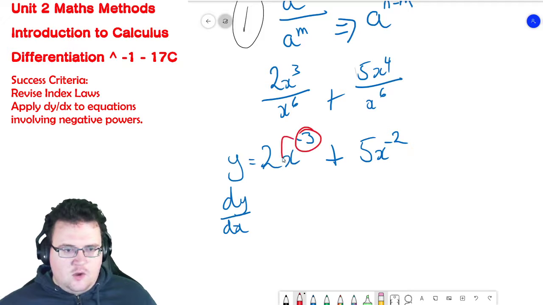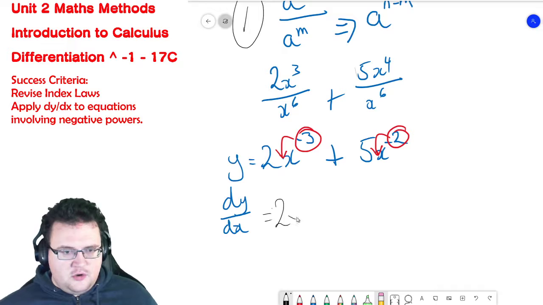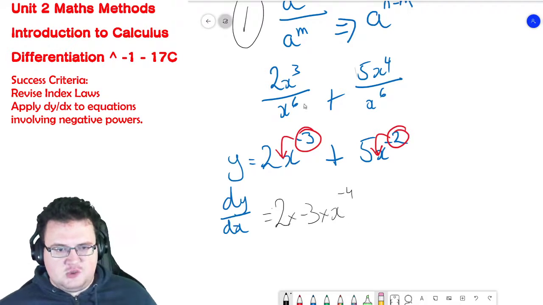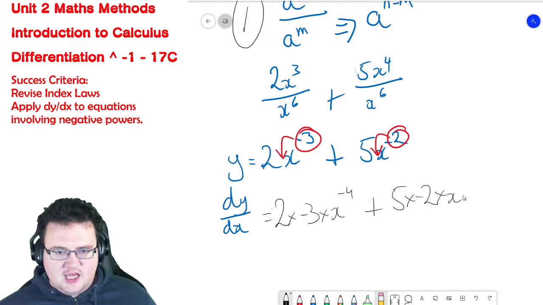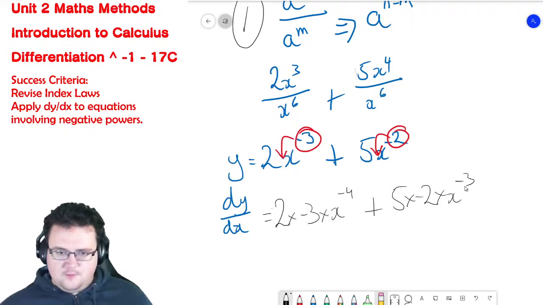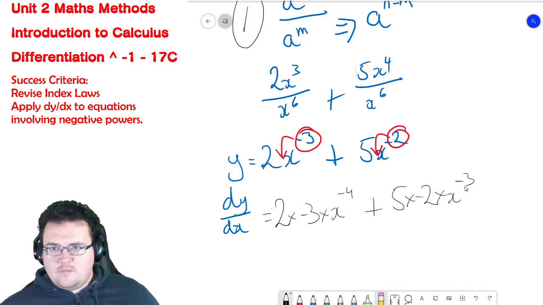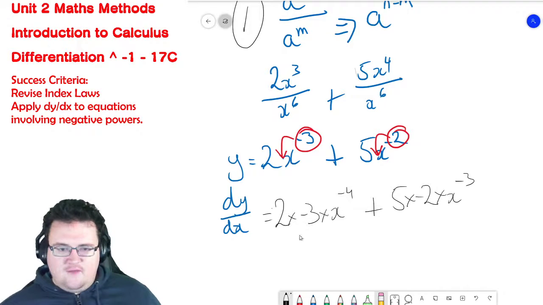Take that, whack it down the front. Take that, whack it down the front. And we have 2 times minus 3 times x to the negative 4, because we've subtracted 1 from the top, plus 5 times minus 2 times x to the negative 3. And then we can gather everything up.